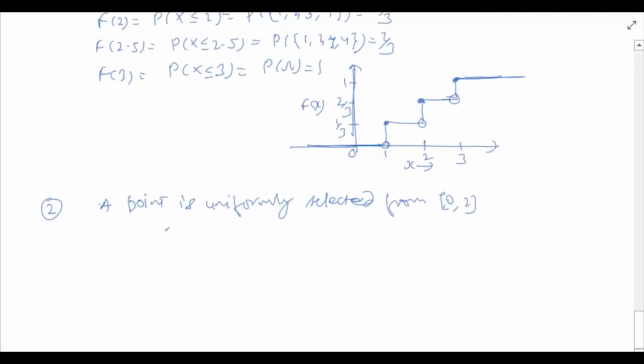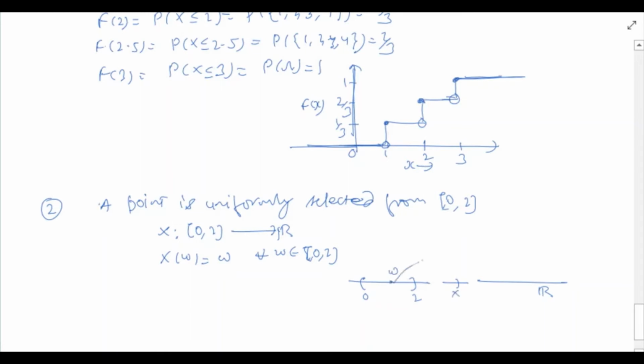We consider a random variable X, that is a mapping from 0 to 2 to R, defined as follows. X of omega is omega for all omega in 0 to 2. In other words, X takes elements from the interval 0 to 2 and maps them to elements in R, and any point omega in 0 to 2 is mapped to omega in R.